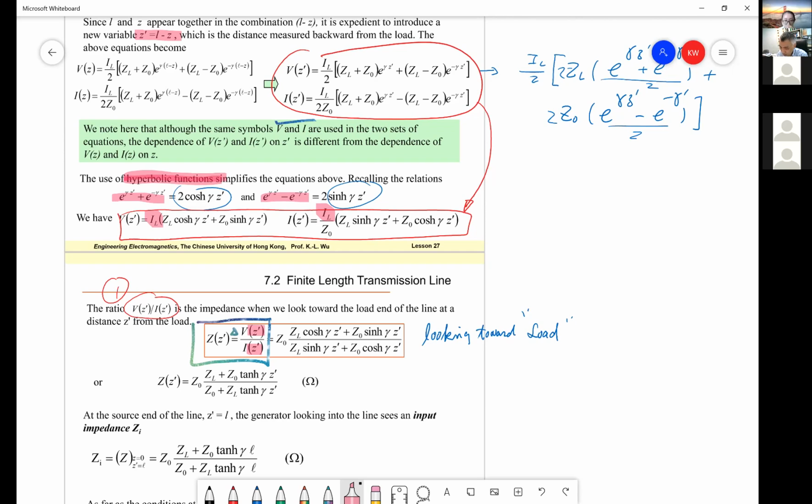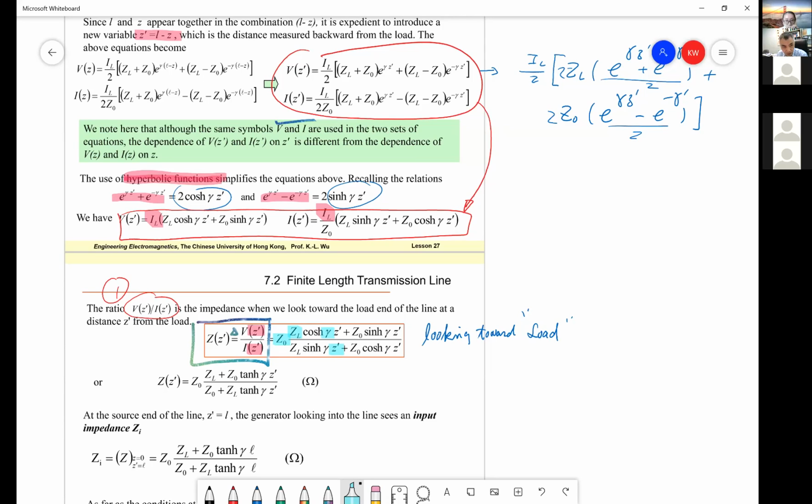Then this is only determined by the essential characteristic properties of the transmission line, which are the characteristic impedance and propagation constant, okay, and it also depends on your load and the distance to the load, right? That's all we need, okay? From this, we can determine the impedance.